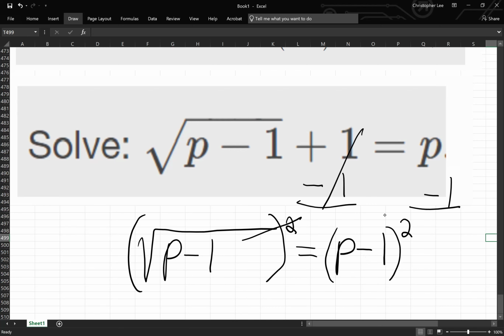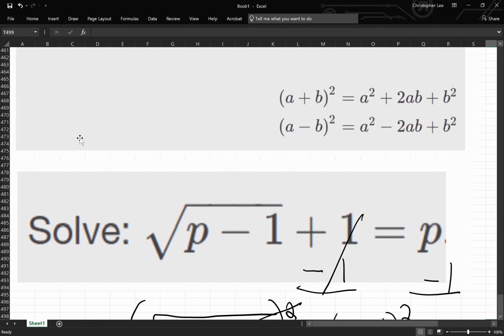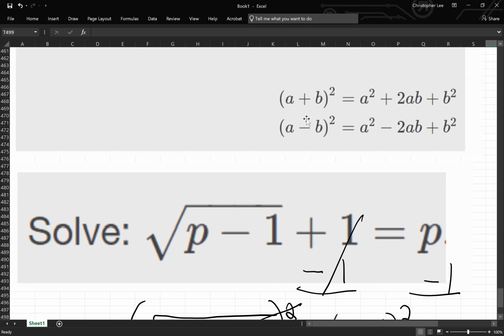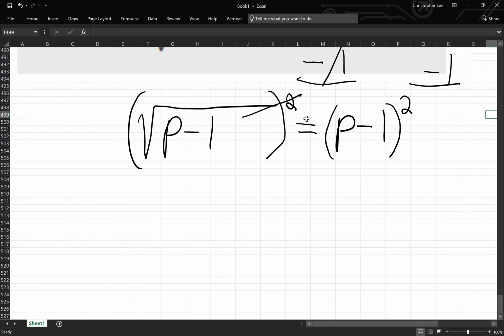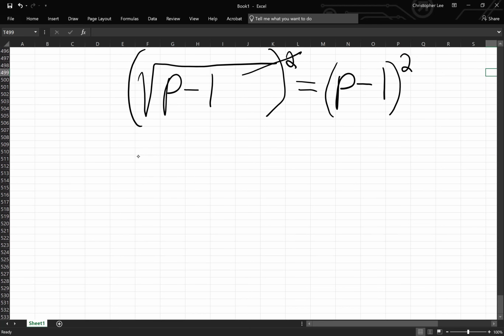So now you can do one of two things. You can use your binomial square pattern here if you want, or you just do it out the way you normally know how to do it. Your choice, right? So these will cancel out. So this is just p minus 1, right? Is equal to, I'm going to use a square pattern. So this is going to be what?